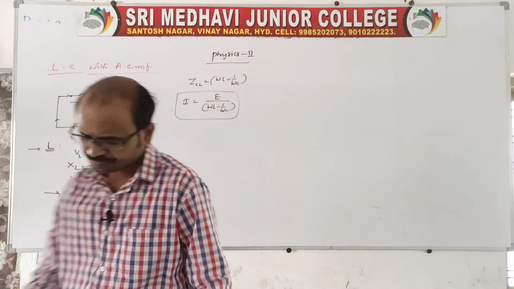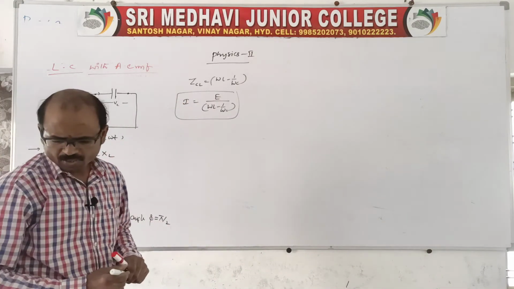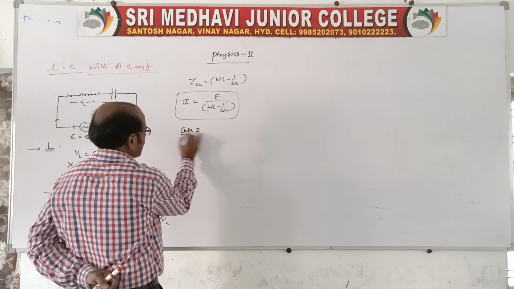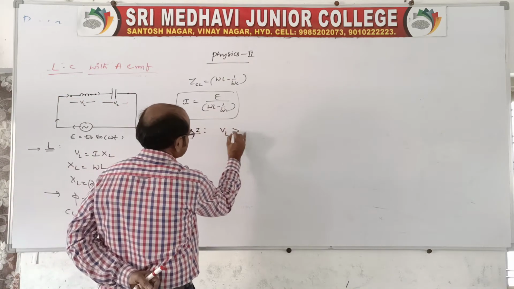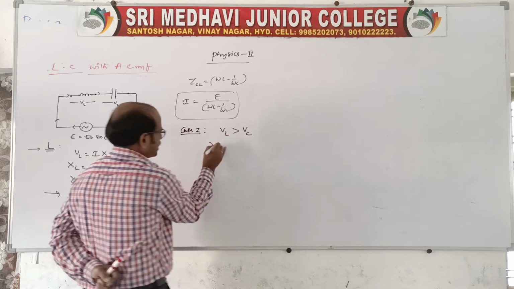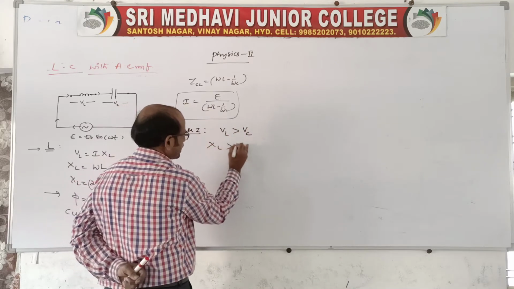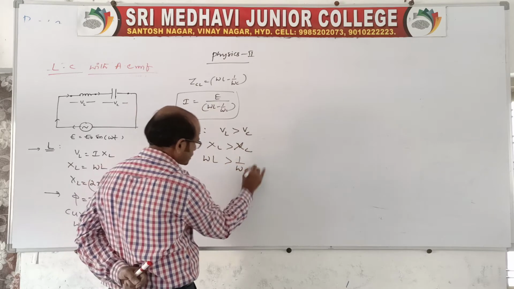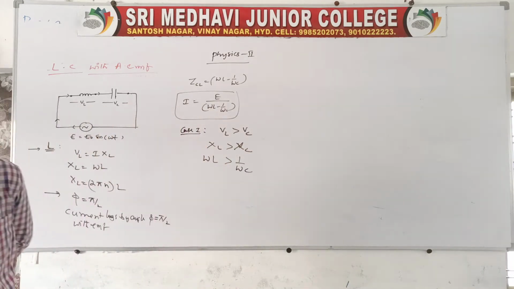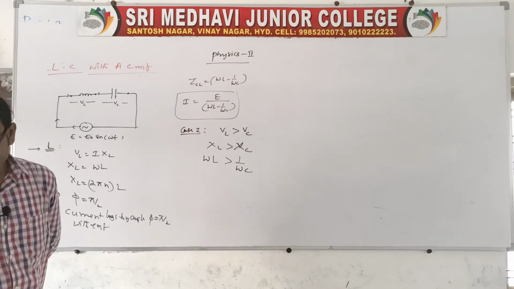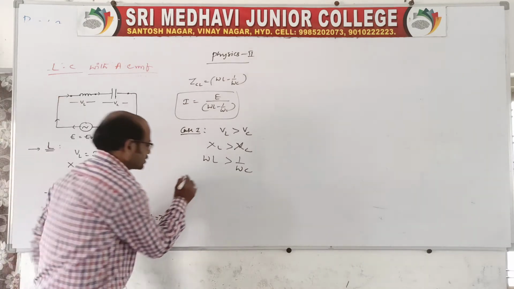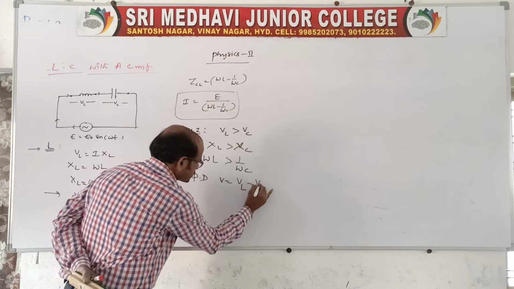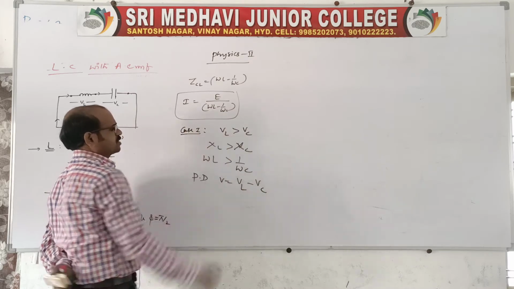Suppose I go with the first one, case 1: VL is greater than VC. Then XL is also greater than XC, so ω L is also greater than 1 by ω C. This is the information we know. Now based on this, we should write the resultant. The resultant potential difference V is equal to VL minus VC, because the condition is VL greater than VC.